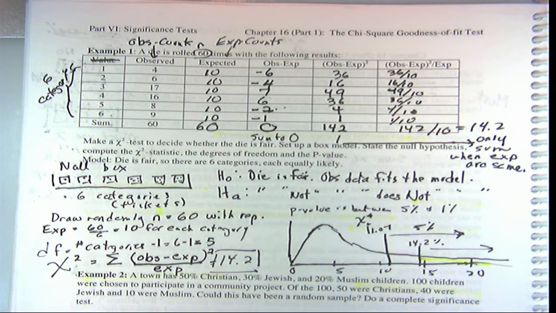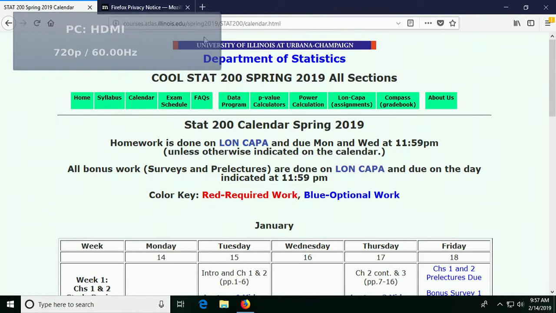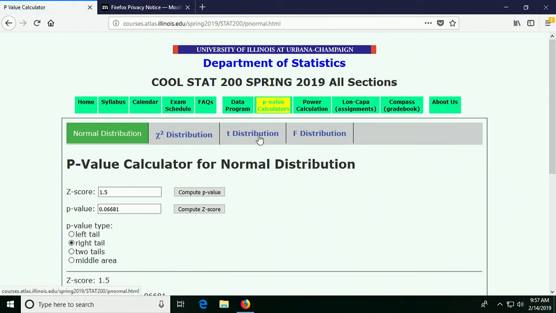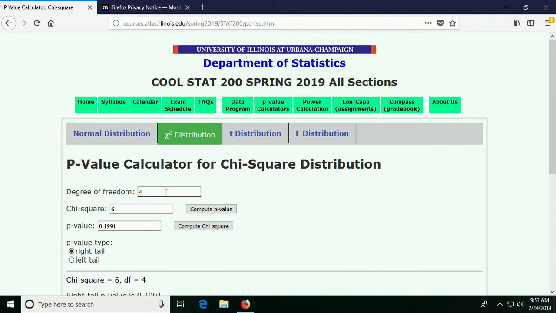So let's go to our computer here and take a look at the chi-square distribution. Where do we get that? Let's go to our p-value calculators, and now we're going to look at the chi-square. We have degrees of freedom of 5, and our chi-square of 14.2. We said we think it's close to 1, a little bit bigger, and let's see what it is.